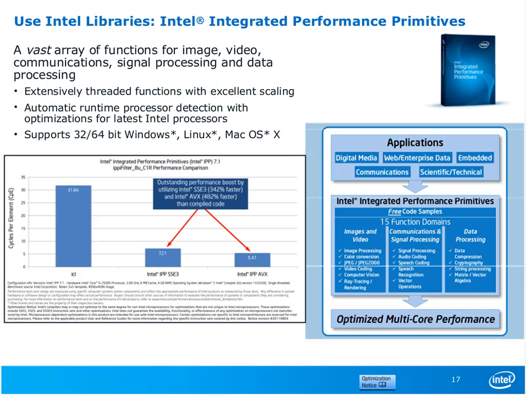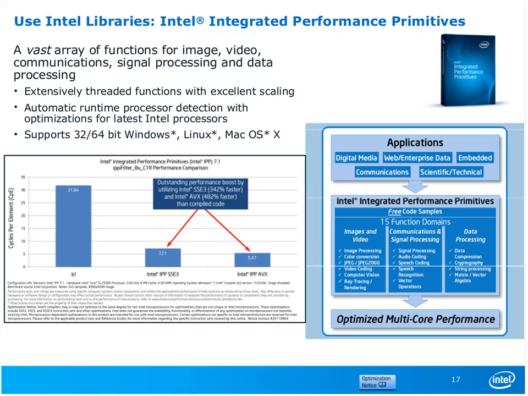The chart compares the Intel compiler to using IPP, and then using IPP with AVX. You see cycles per element for this particular function goes down: we go from 31.84 cycles down to 5.47. That's like a 6x increase, or a 5x increase. And again, no magic here. We're doing this by using AVX as well.